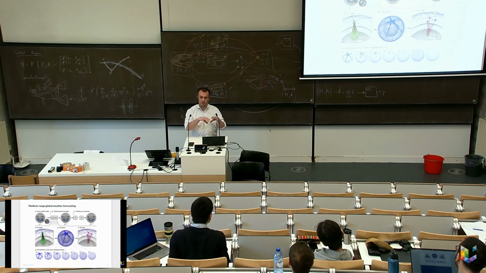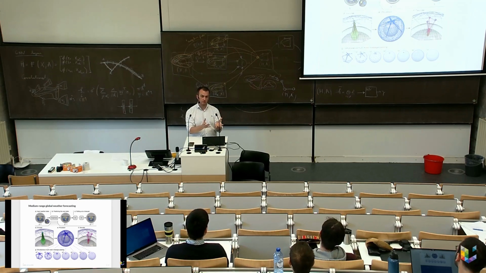You have this kind of 3D volume of the sphere, or the atmospheric layers. You have immediate connections, immediate effects between neighboring pixels, like around but also above and below.